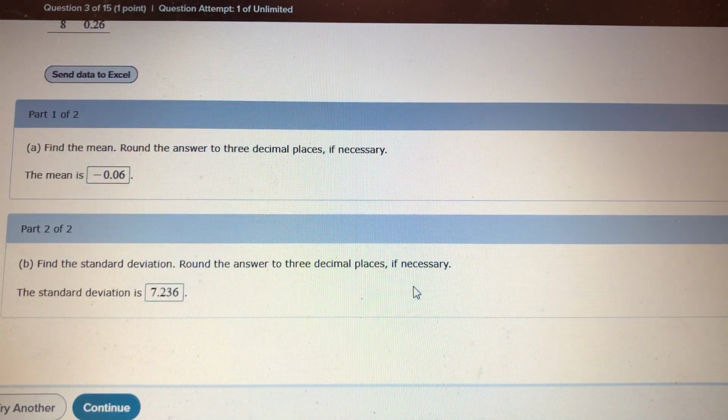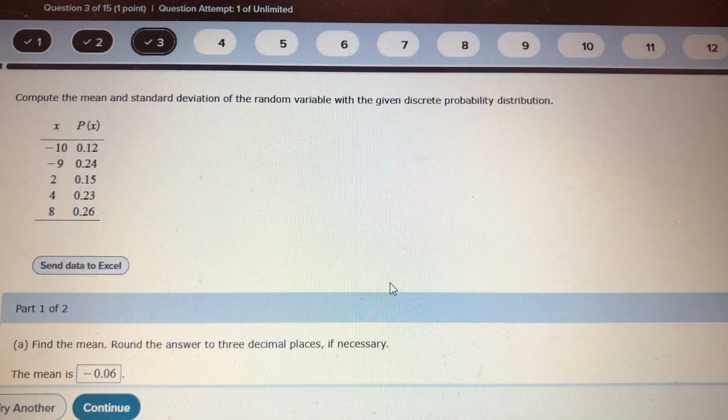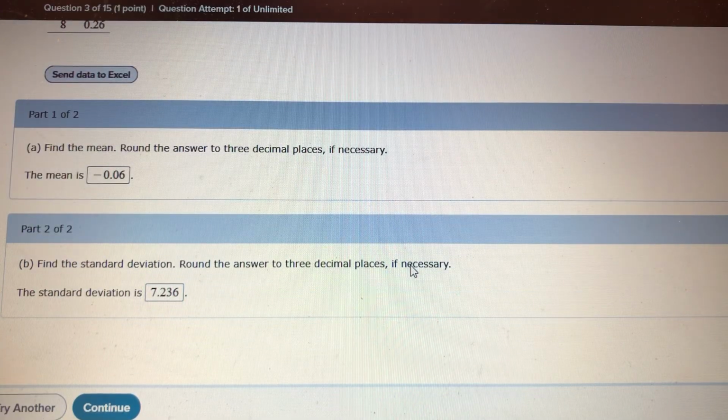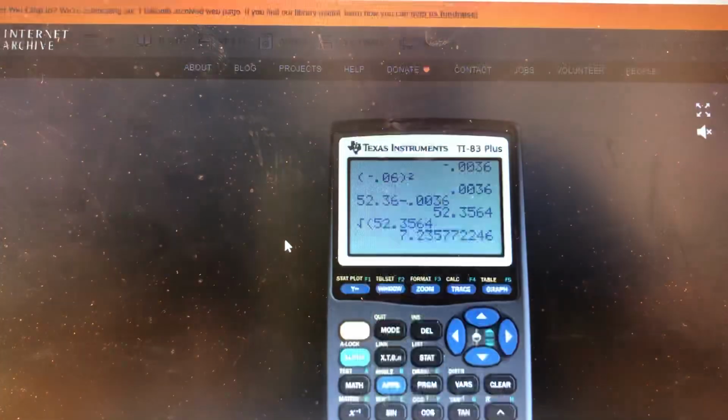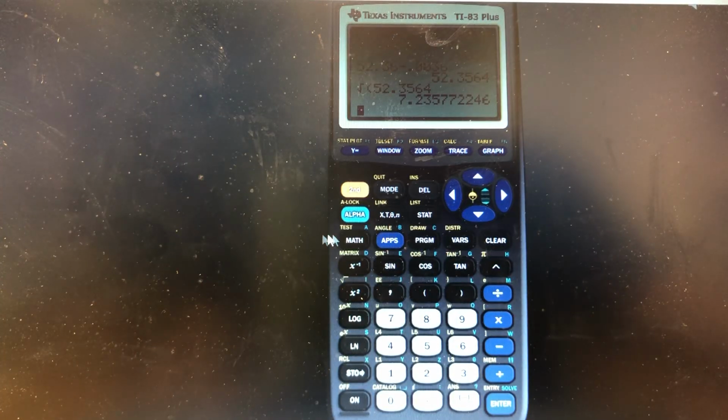Okay, see, that was correct. And then there's an even easier way to do it if you have a TI-83 or 84, which I do here. So all you need is to put the data in L1 and L2. The original data goes in L1 and L2. I could have skipped doing all these other steps. If you go to Stat, Calc, 1-Var Stats.